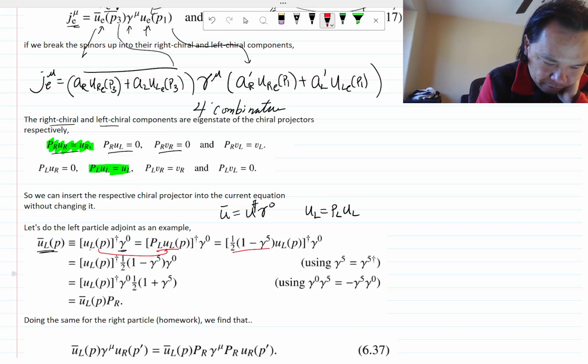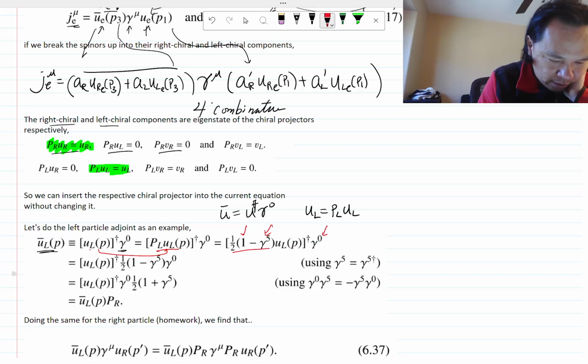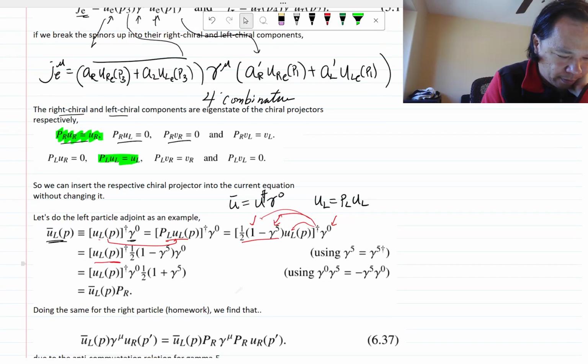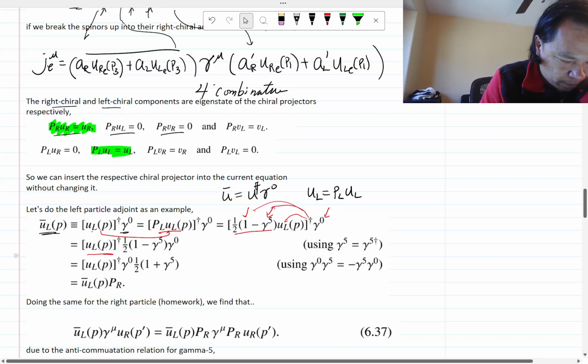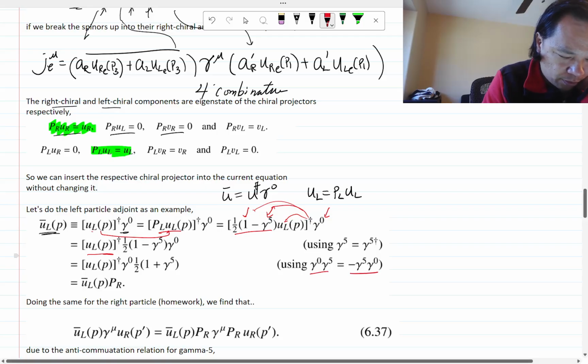Okay. So the adjoint of that, due to the fact that the identity matrix is its own adjoint, gamma 5 is also its own adjoint, gamma 0 is also its own adjoint, this adjoint operation doesn't do anything except to UL. So we can pull that out. Now, we can use the anti-commutation relation.